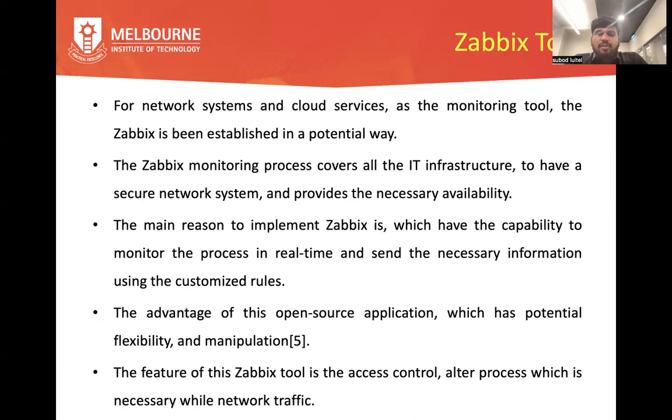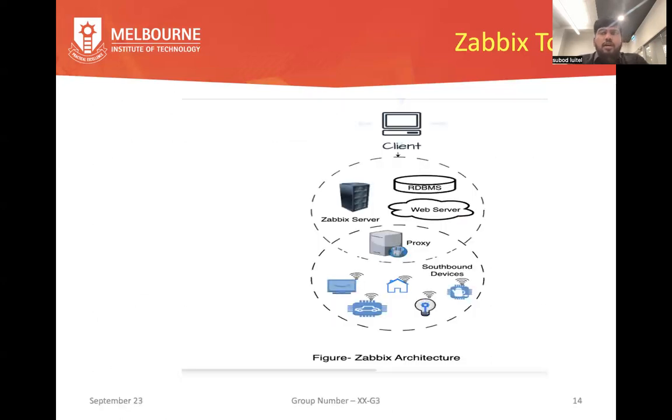The capability of Zabbix is that it provides a real-time, day-to-day view, with the advantages of open source software providing more flexibility. Features include an access control plane, which is user friendly for the client. The Zabbix server is open source monitoring software which provides real-time monitoring as well as alerting and scalability.